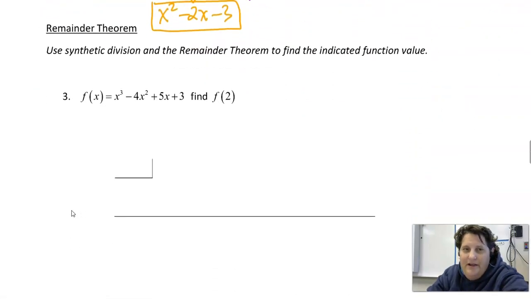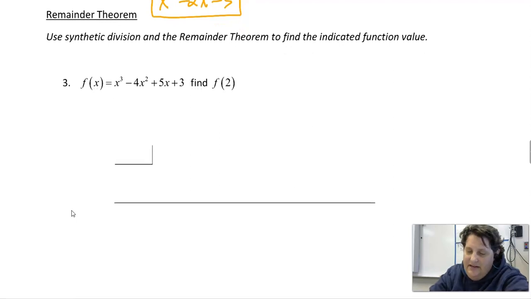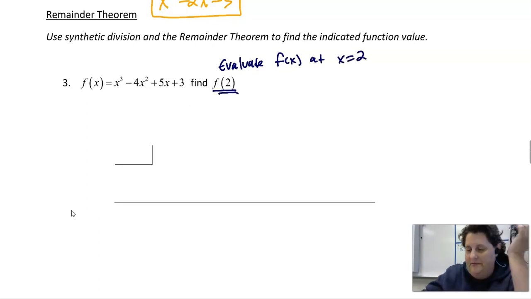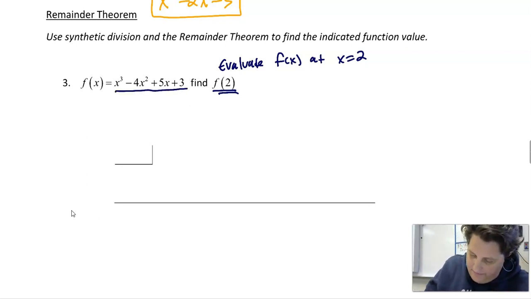Now, something that's really, really interesting about synthetic division, there's something called the remainder theorem, which always kind of blows my mind. This is so cool that it works. So I want to show you guys something really quick, all right? Let's say I had to evaluate f of x at 2, which is what this is saying. It's basically saying plug in 2, okay? So I'm going to take this function, but I'm going to plug in 2.